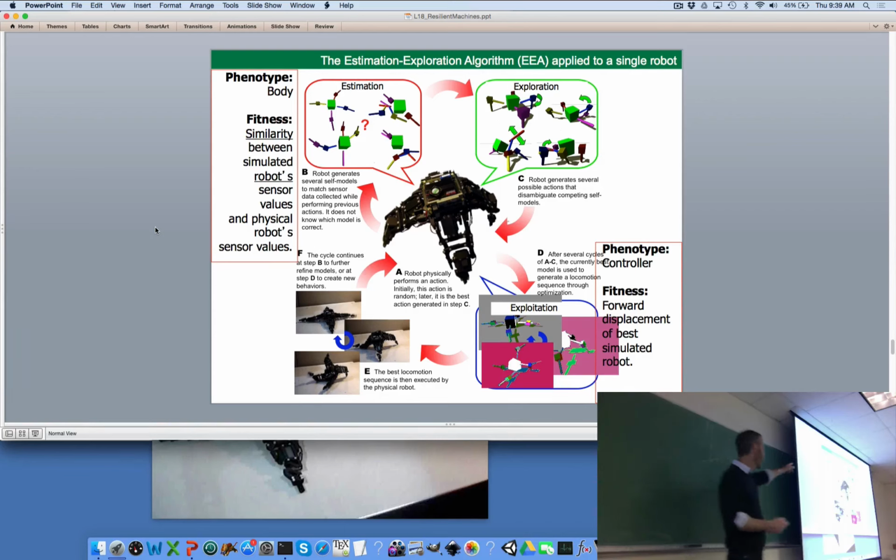This is not unlike when I started to show you the videos from this experiment where the robot was creating all these different self-models, right? All these different models, and all of them were explaining the one action that had been performed so far. Make sense so far? So this model is doing a perfectly good job of explaining all the observations we have so far. How about this model? Also, right?